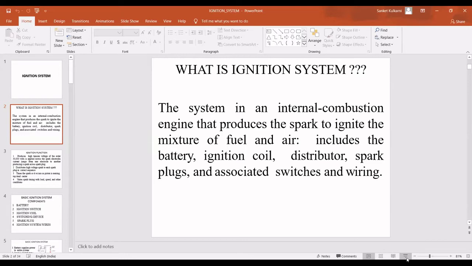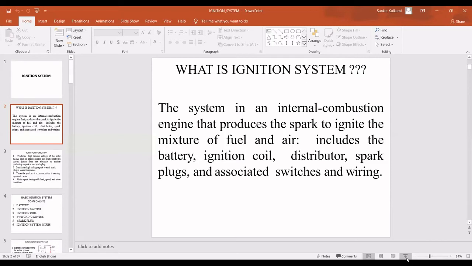If the ignition takes place in the predetermined duration, in as short a duration as possible, more and more work is generated. Once more work is delivered by the engine, more power will be obtained, so that efficiency also increases.